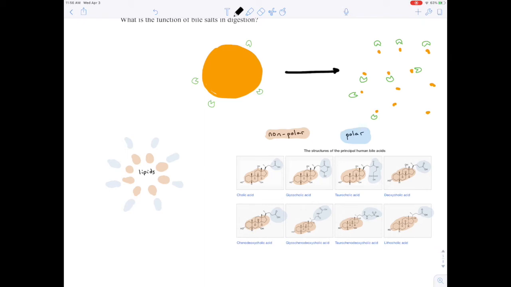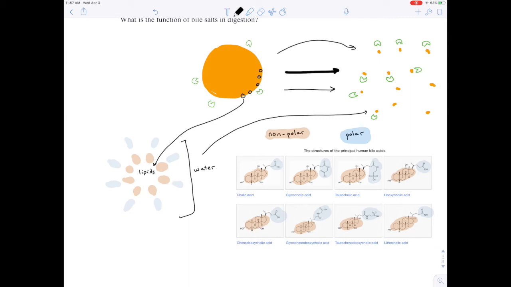And that will be able to move through water or be accepted by water because the polar parts are facing the water. And so these bile salts help to break a big glob of fat into small droplets by taking a small chunk, putting it inside one of these, and now this whole droplet is one of these. And the bile salts can surround another little chunk, and another, and another, until the whole glob of fat is just small little chunks that can be digested really easily.